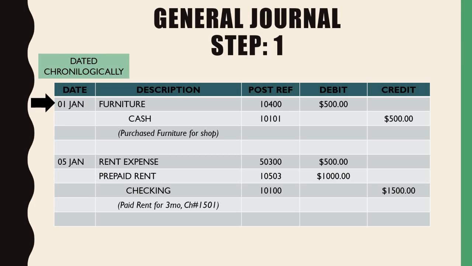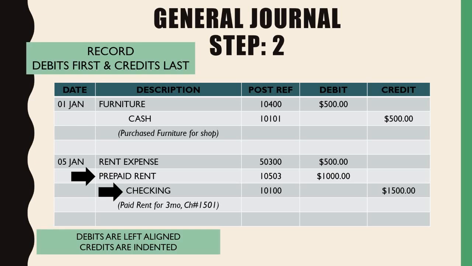Step 1, you have to do it in chronological order. That means date has to be in order. Okay? Because if this book is for daily transactions, if you're recording on a day-to-day basis, then you're going to record the date first. Then the next step is to take your transactions and go through the transaction analysis to determine your debits and your credits.